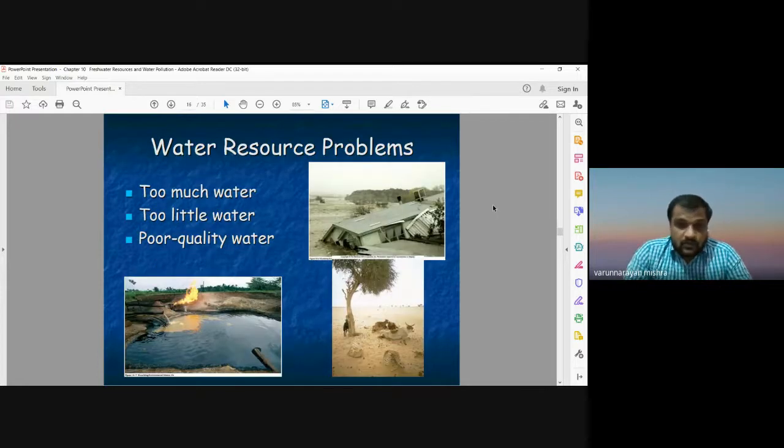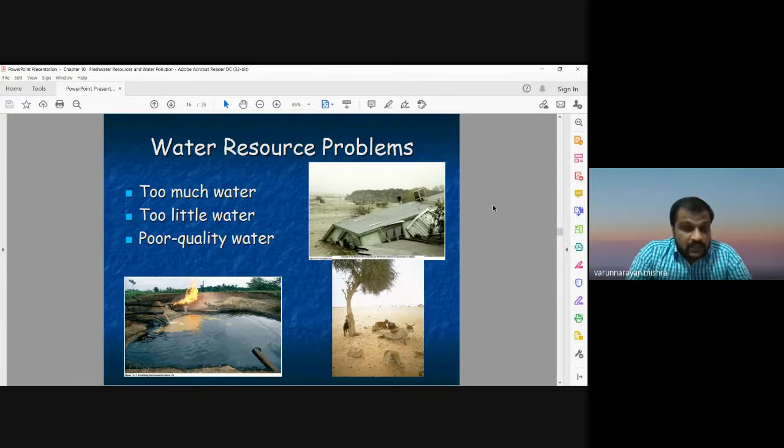Okay. So now, as we know that population is growing day by day, because of the climatic changes, because of rapid changes in the atmospheric condition, there is also a negative impact on the water resources. Okay, so water resources are now facing many problems.